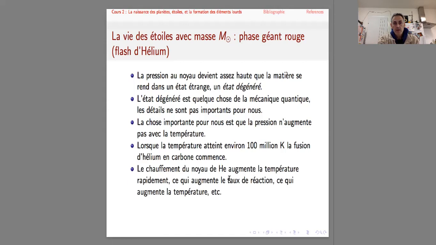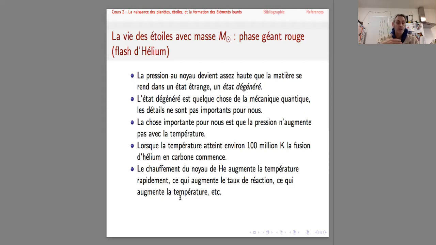The nuclear reaction releases a lot of heat, and that causes the temperature to increase. But increasing the temperature increases the rate of this nuclear fusion reaction, which increases the temperature, which increases the rate of the fusion reaction, which increases the temperature.